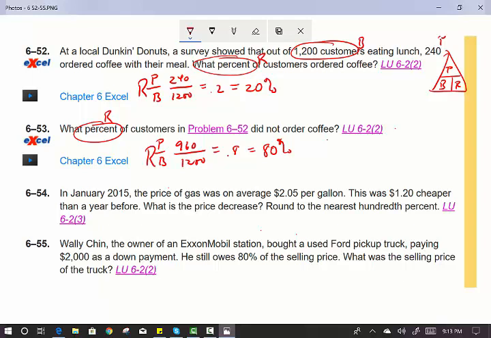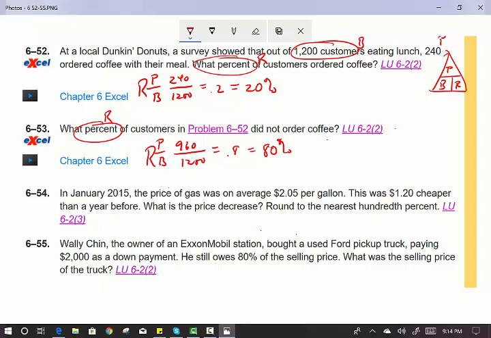Okay, that makes it a little bit more complicated. Okay, my calculator just went kapooey. Just a second. Okay. So in January 2015, the price of gas was on average 2.05 per gallon. This is $1.20 cheaper than the year before in 2014. What is the price decrease?